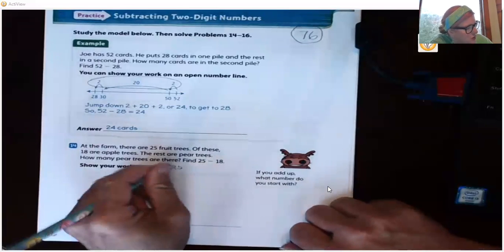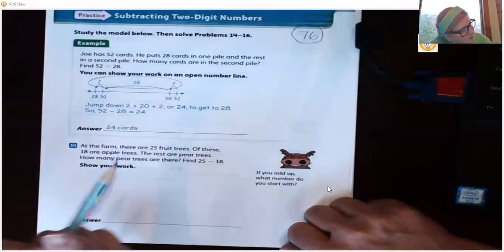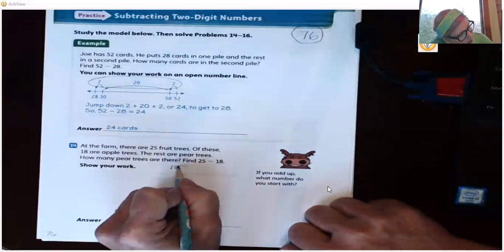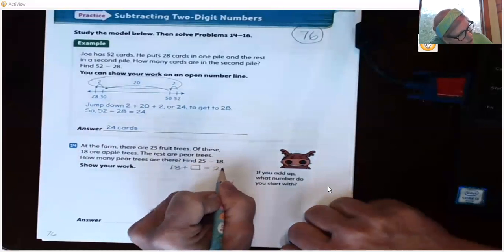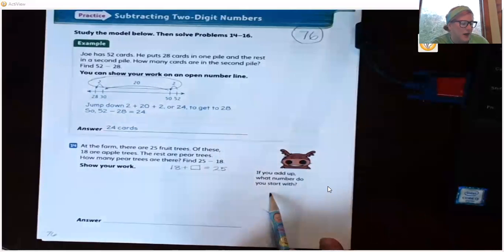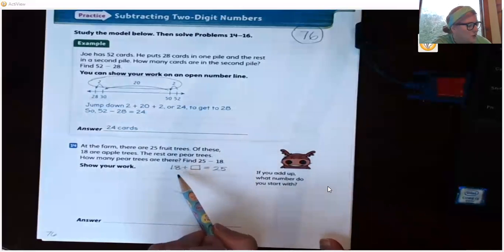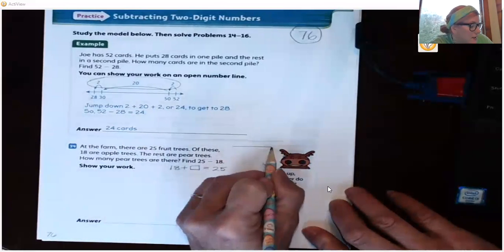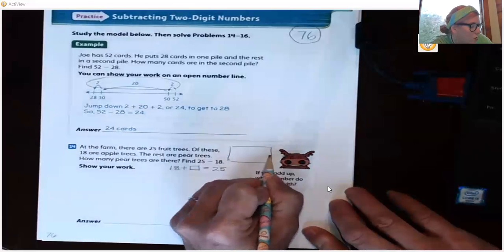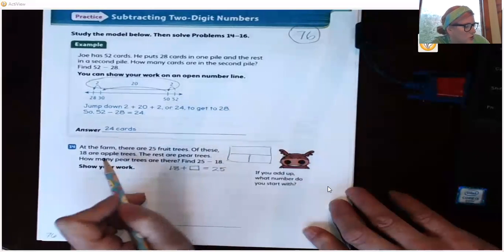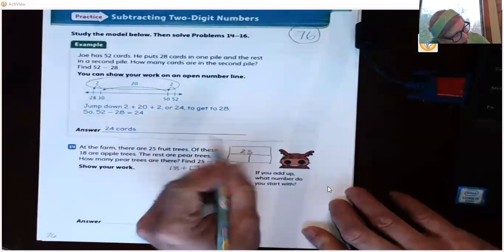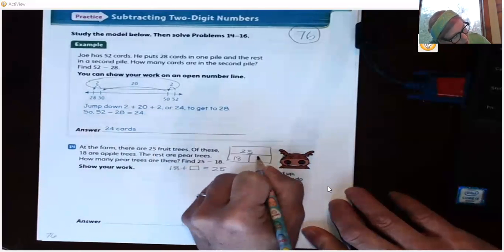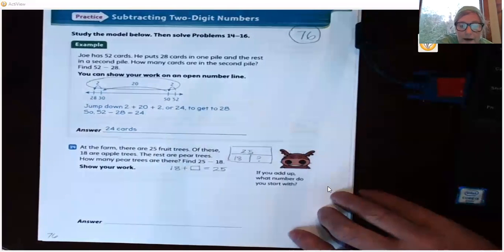No, excuse me, not 25. We're starting with 18. It would be 18 plus, we don't know what, equals 25. Because if you add up, what number do you start with? You would start with that part because it is once again a part whole. It is a takeaway. So you have the total of 25 fruit trees, 18 are apple, and you're looking for the rest that are pear.